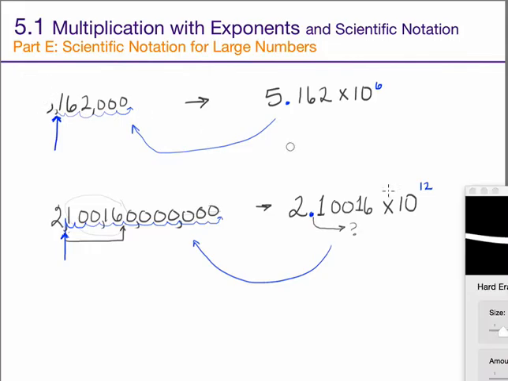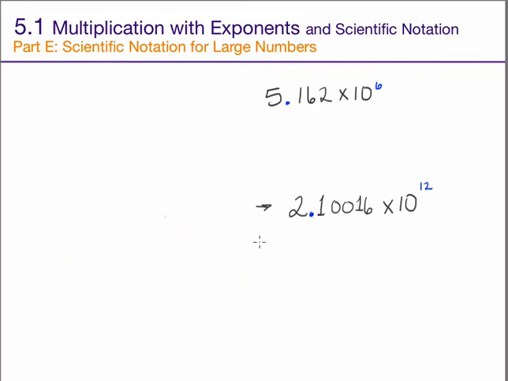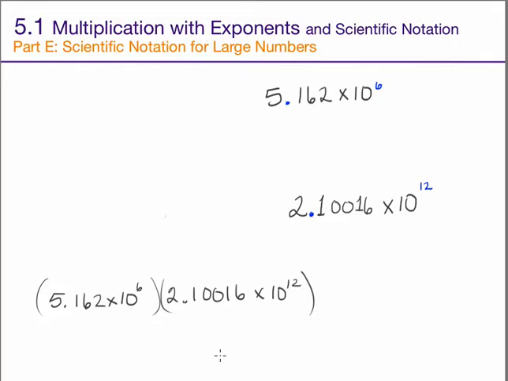One of the nice things about scientific notation is that numbers in otherwise very different size formats become standard in their format. So I could multiply 5.162 times 10 to the 6th times 2.10016 times 10 to the 12th, simply by using the commutative property of multiplication and some exponent rules.